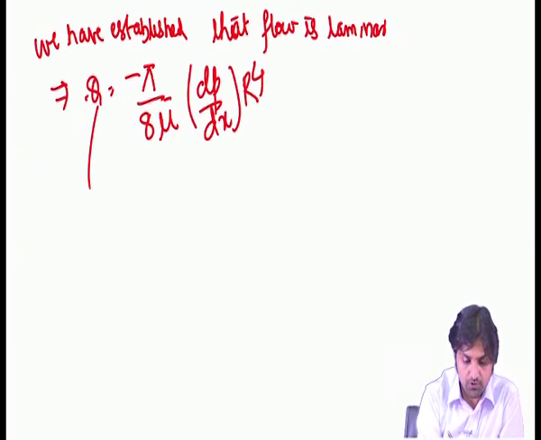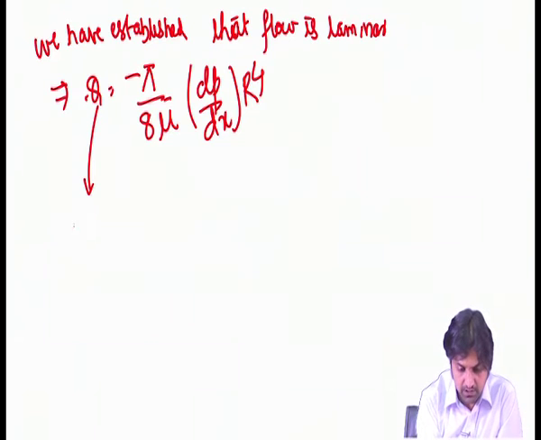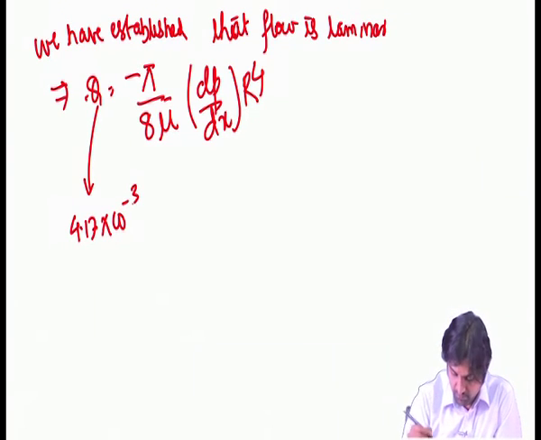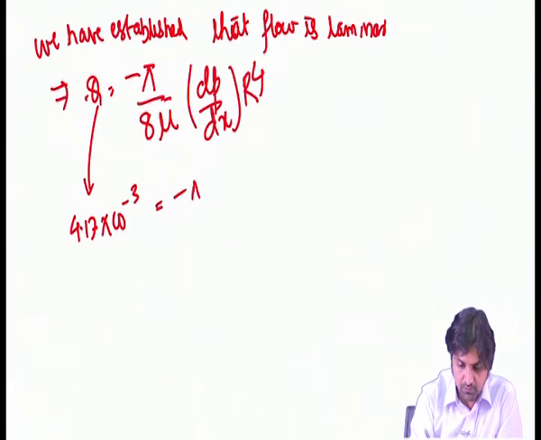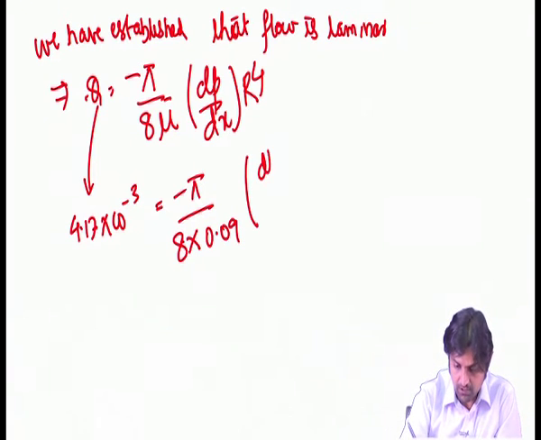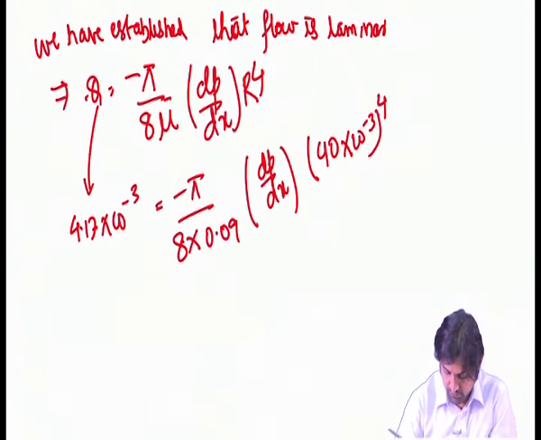Q we already know, that is 4.17 into 10 to the power minus 3, equal to minus pi by 8 into 0.09 into dp dx into r, which is 40 into 10 to the power minus 3, to the power 4.